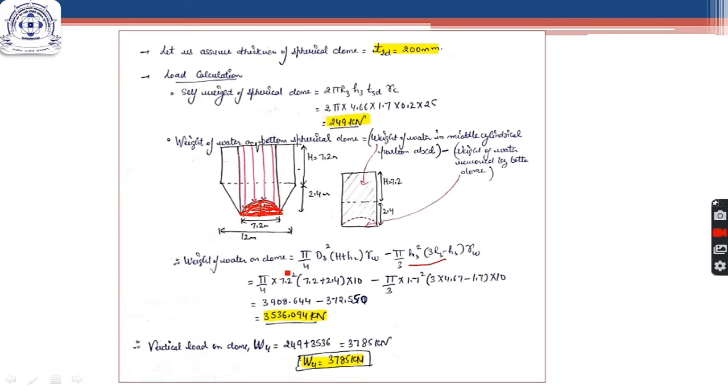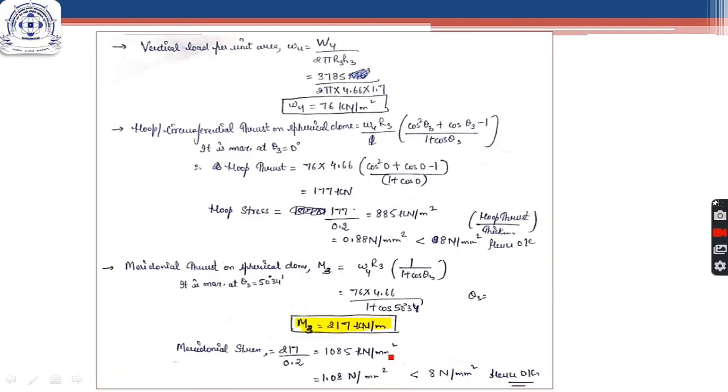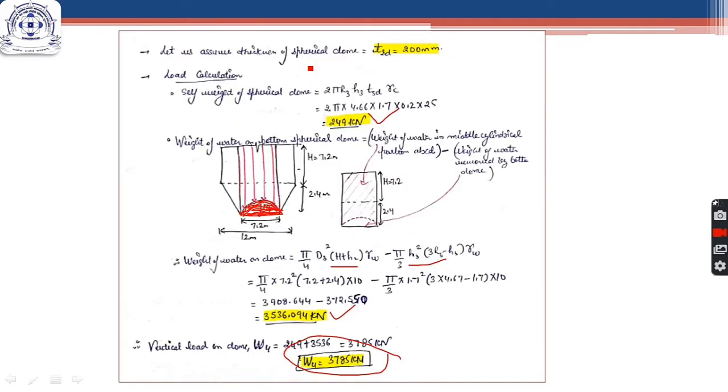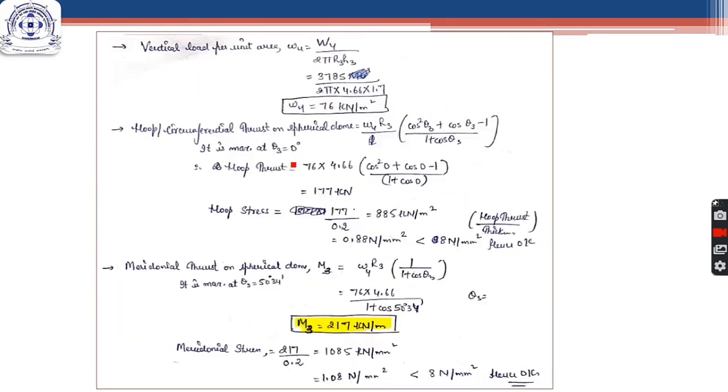We reduce this volume from the cylinder volume and multiply it by gamma to get the weight of water acting on the bottom spherical dome. The total vertical load on the dome will be this load plus this load, which is coming out to be 3785 kilonewton. Now we convert it into per meter square by dividing by the unit area of the spherical dome, so we get the weight per meter square as 76.